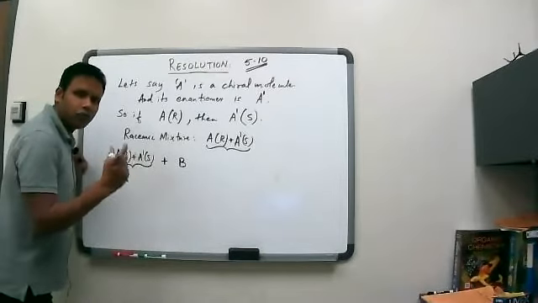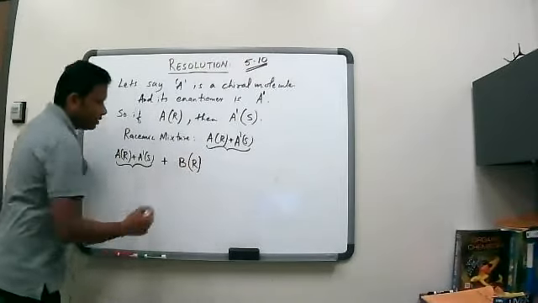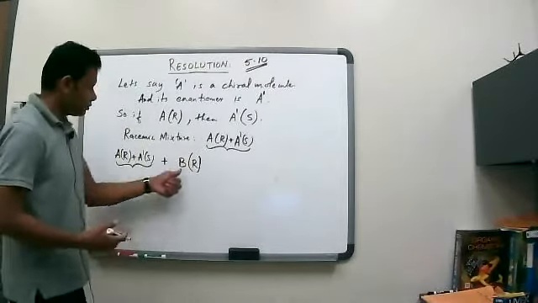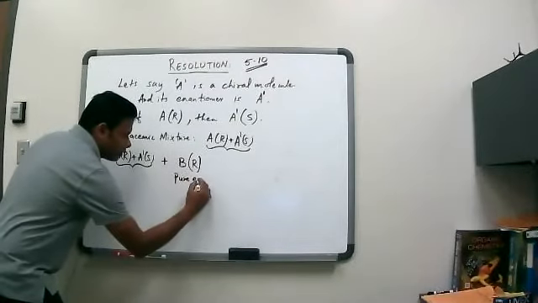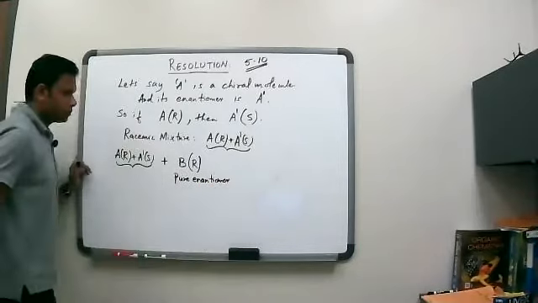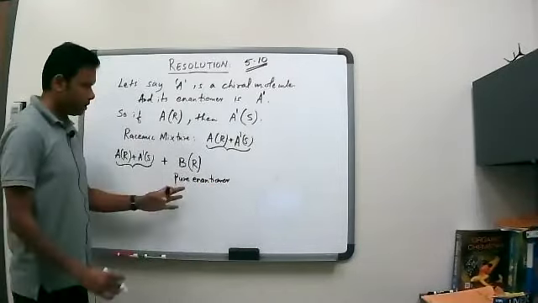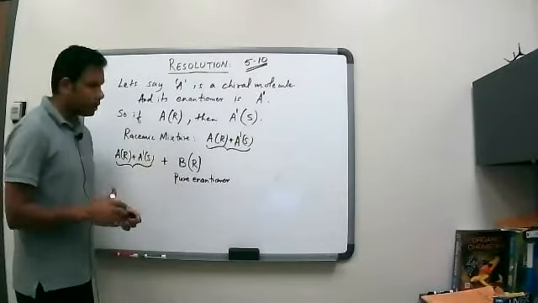That means it's only one enantiomer. And so let's assume that B is of the R configuration. So B is a pure enantiomer. That means it's only one kind. It's not a racemic mixture, it's just one enantiomer.